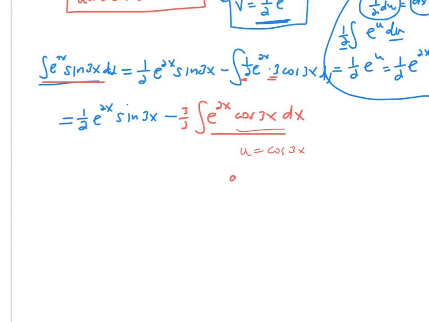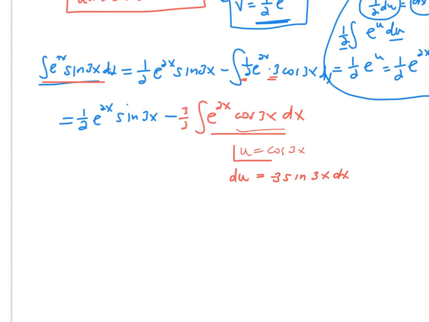Then we would have du is equal to negative 3 sine of 3x dx, because the derivative of cosine of 3x would be negative sine of 3x times 3, because we have to use the chain rule for that.